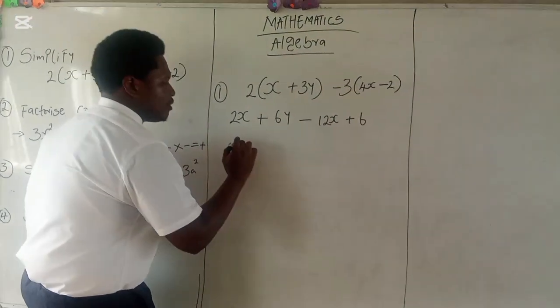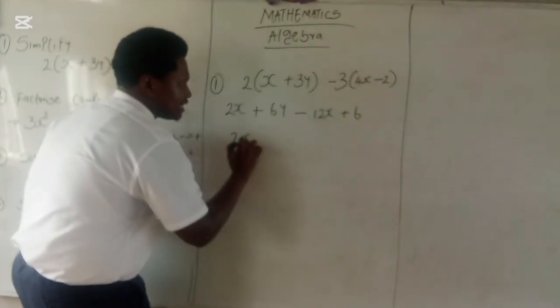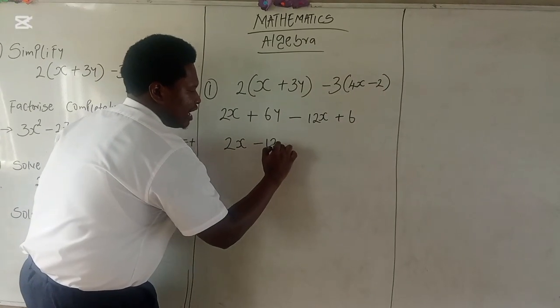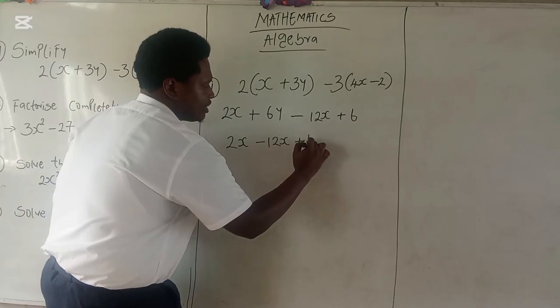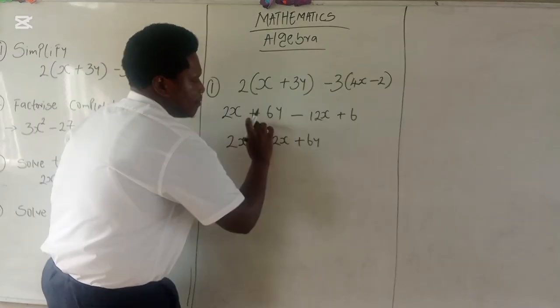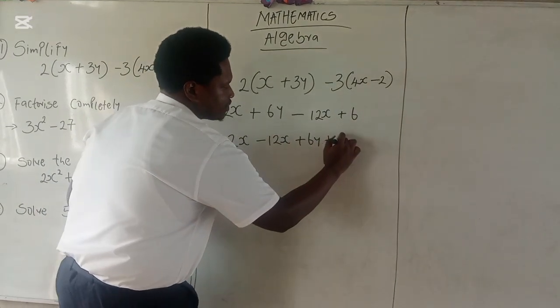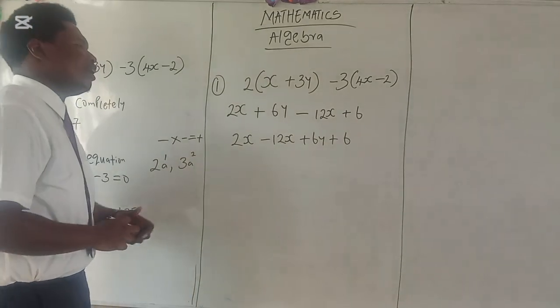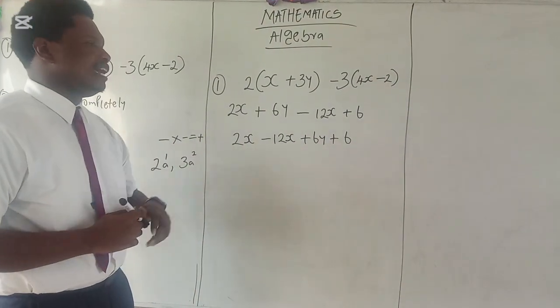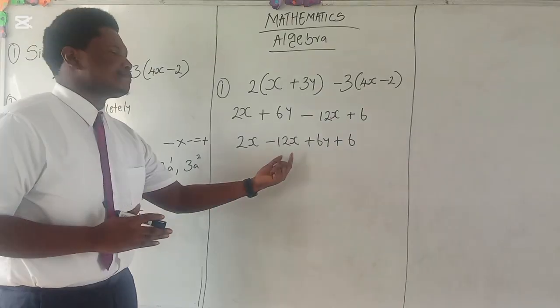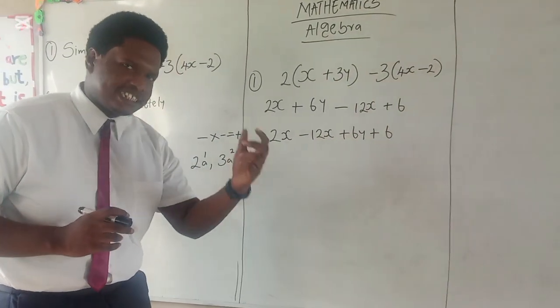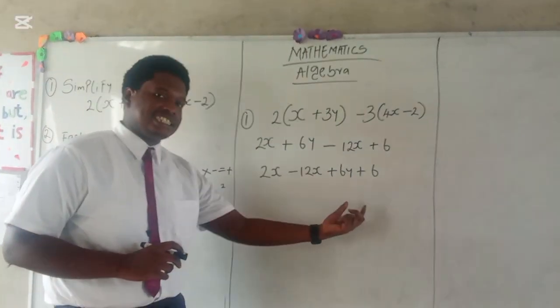What are the like terms here? We have 2x minus 12x plus 6y and plus 6. Now 2x minus 12x. It is not 12x minus 2, but 2x minus 12x. So you have to pay attention so you don't end up writing 10.